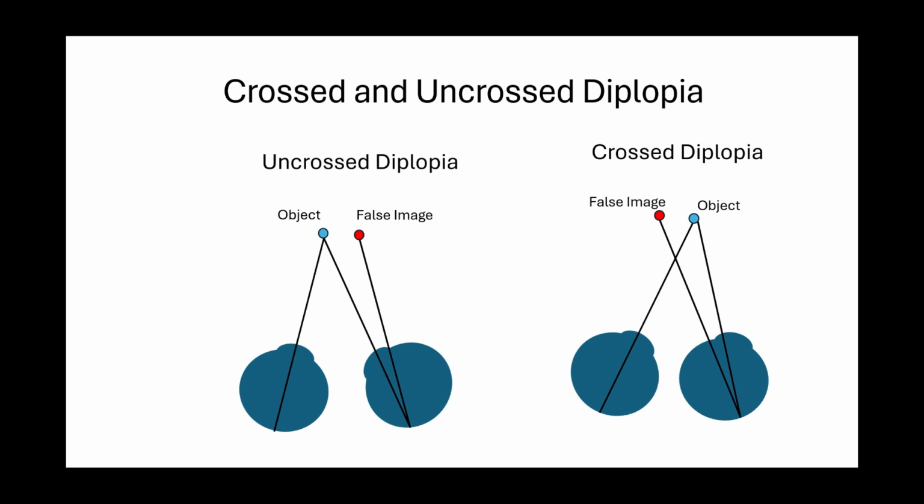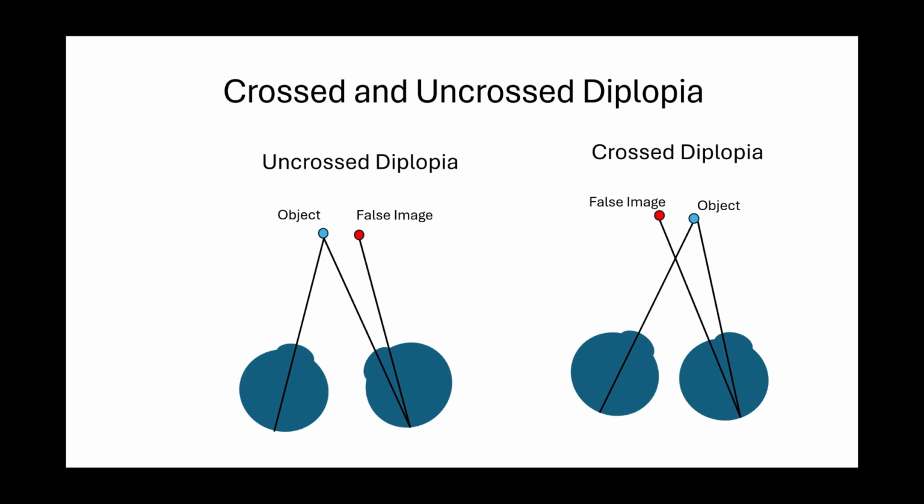Here an opposite condition happens. Here the eye is rotated outwards, the right eye is rotated outwards. The temporal part of the retina is being stimulated here and it is being projected nasal to the object. Here the eye is rotated outside, but the false image is perceived nasally, and since it is crossed, we call it crossed diplopia, because the false image is perceived to the left of the object.